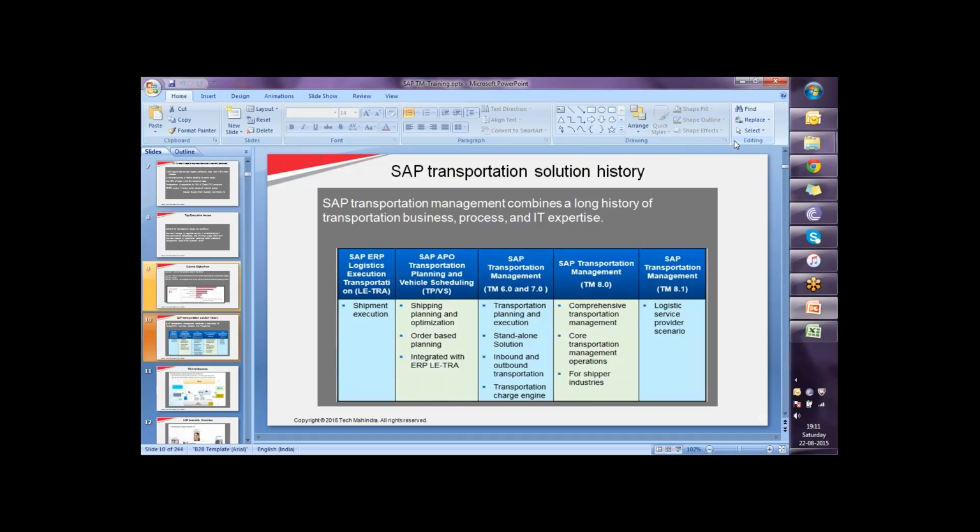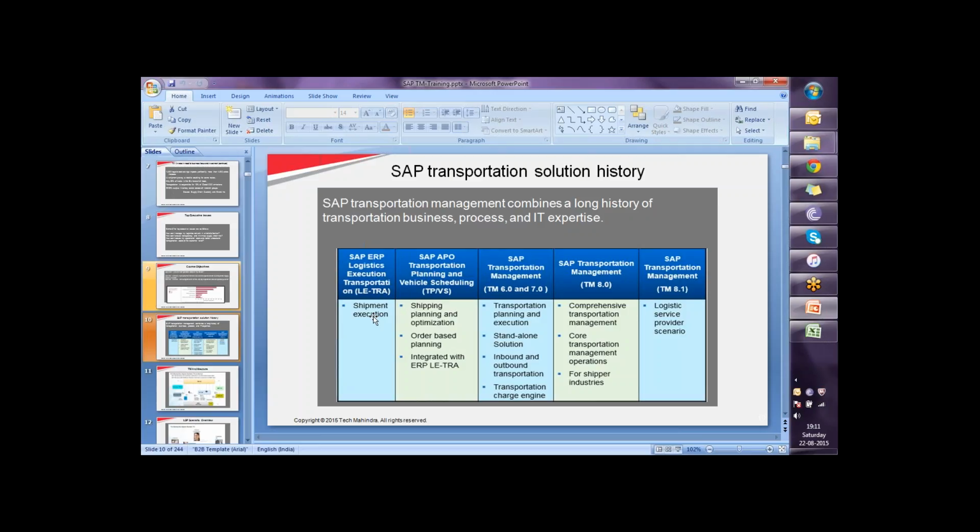And that's what you see on the NetWeaver business client, NWBC. It's the latest technology which we realized at TM. Earlier, it got started from Elytra. So earlier it was called logistic execution and transportation.